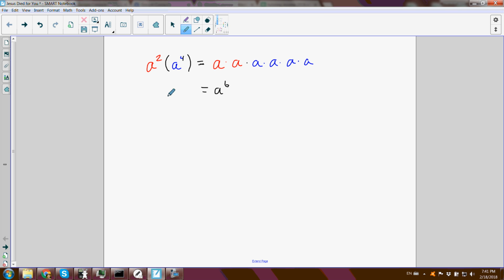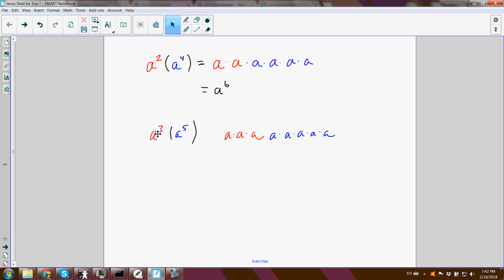Okay, if we did the same thing with a cubed times a to the fifth, it would be a times a times a times a times a times a times a times a.